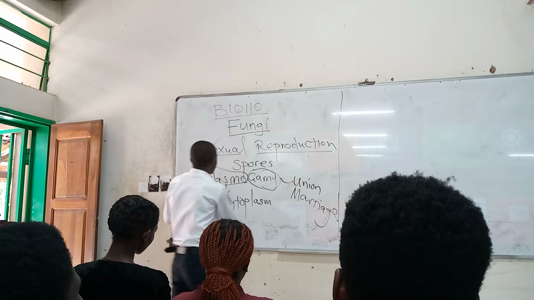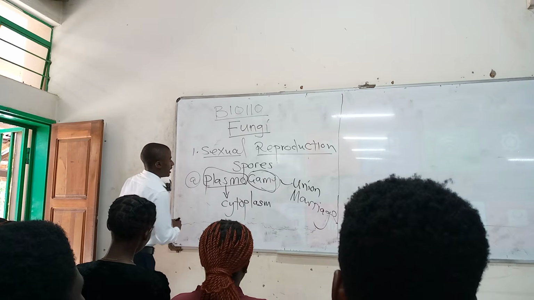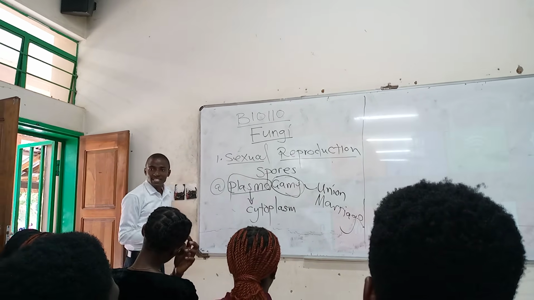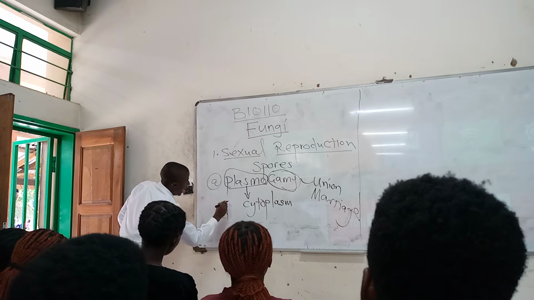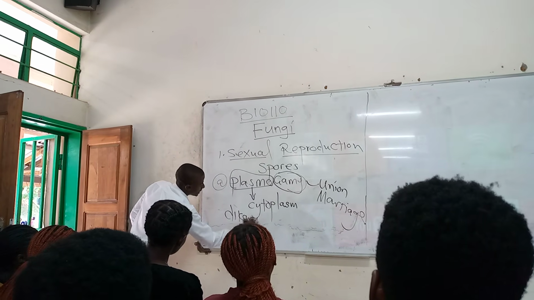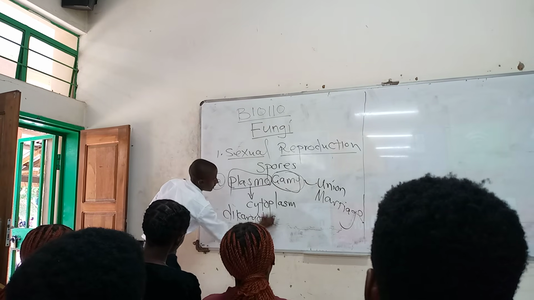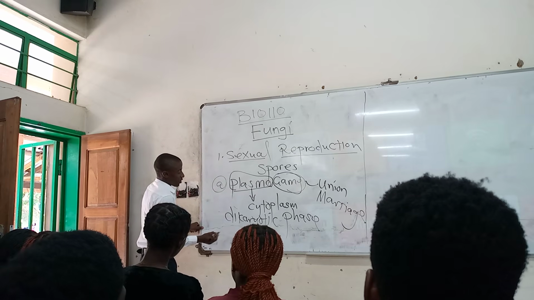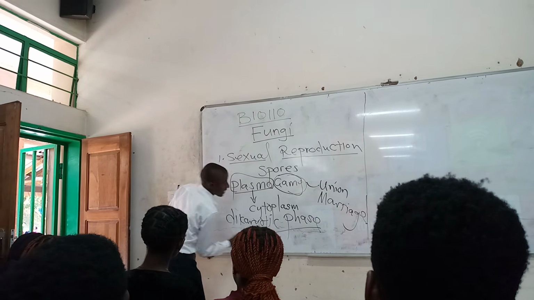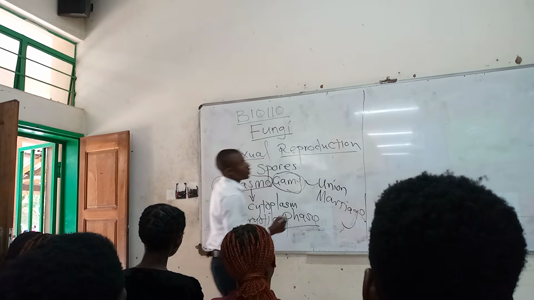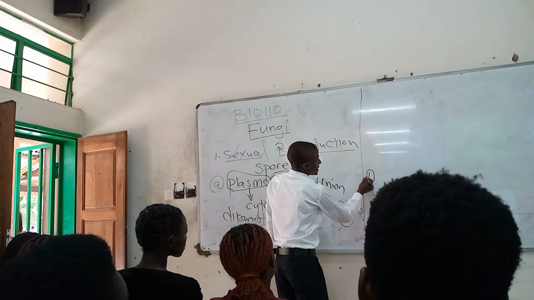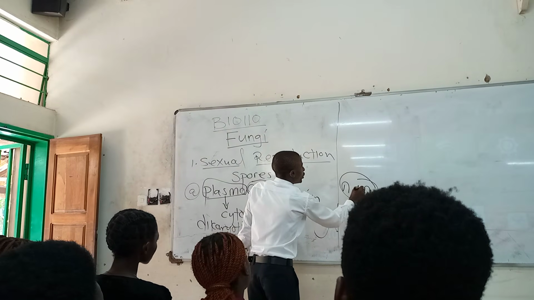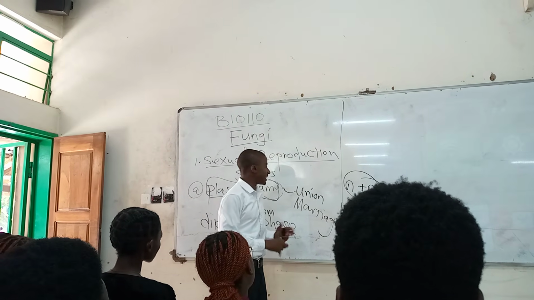Yes. Now, under this stage, what you should bear in mind is that after the cytoplasm fuses, the process called the dikaryotic phase is going to take place. What is the dikaryotic phase? That is where the nucleus does not fuse but pairs with another nucleus to make two distinct nuclei.